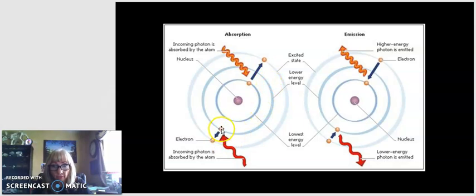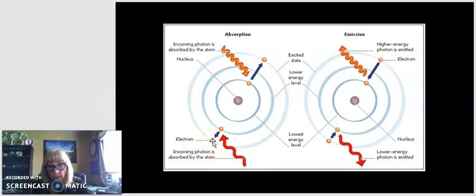Over here we have an electron that's traveling around this shell. Okay, so that one gets another photon. Now notice it's a different wavelength because it only requires a certain wavelength to move from here to here. It soaked up that energy, it moves up a shell, and now it's a higher energy electron and it travels around, but it doesn't want to stay there.